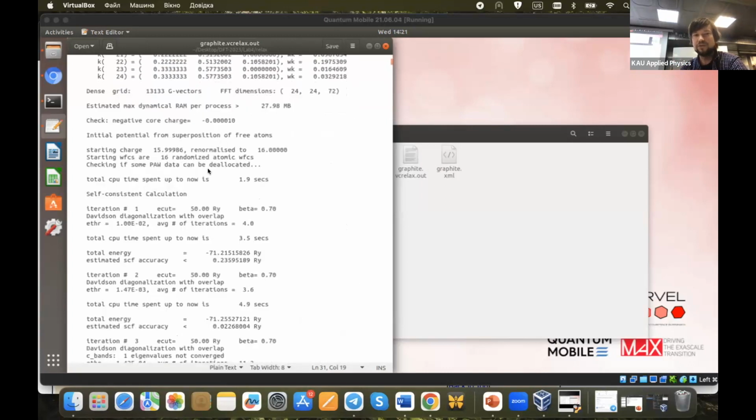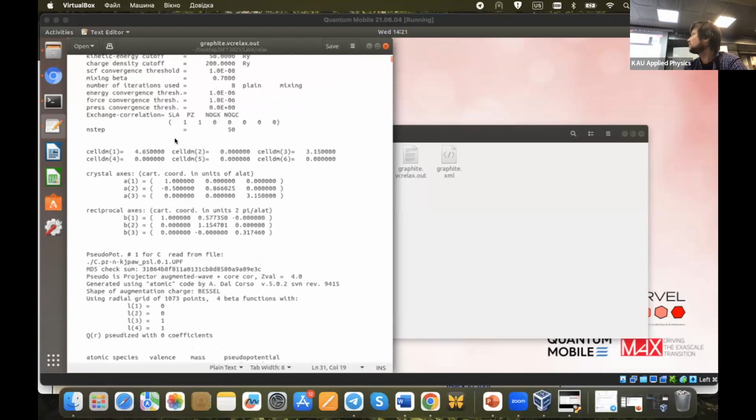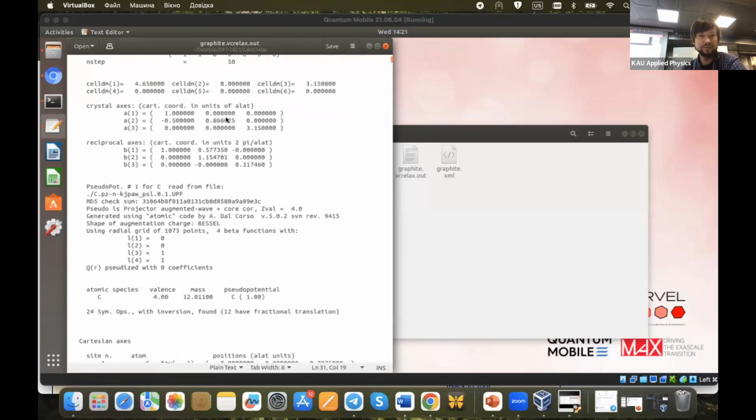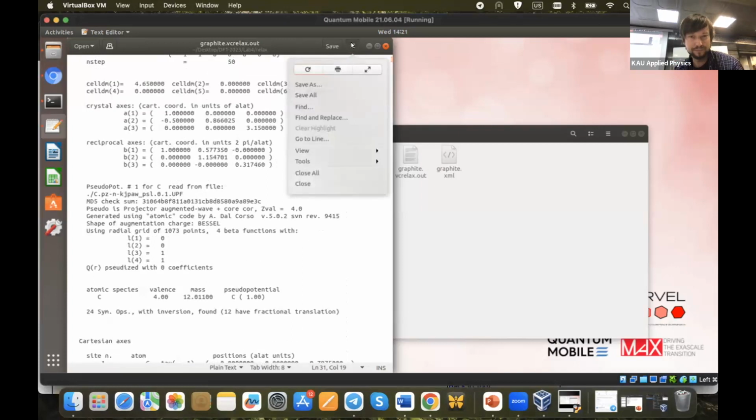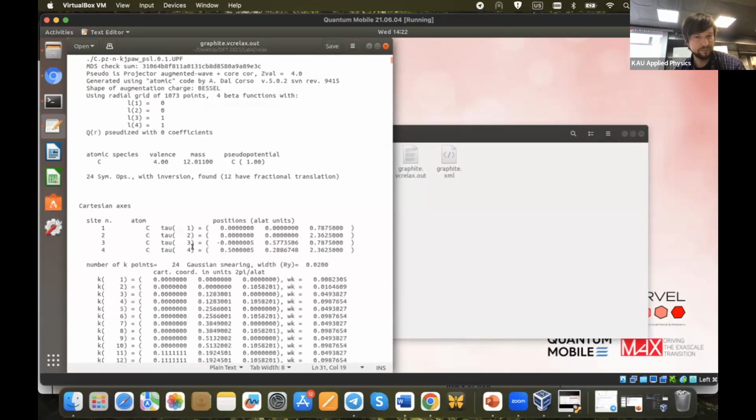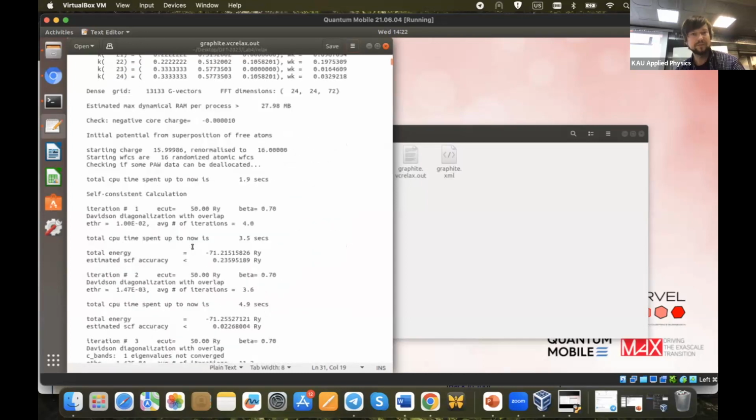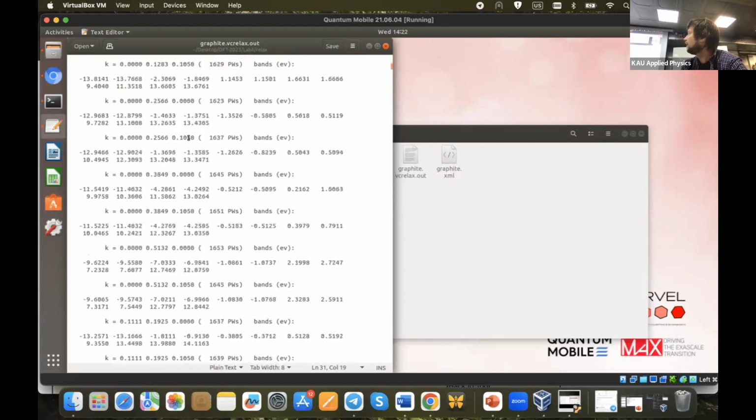We have this information about key points, about the structure. We saw it before. Okay, it's information about the first calculation, and what is new?